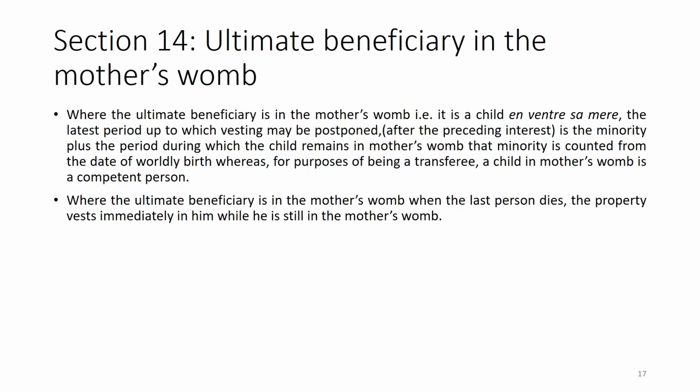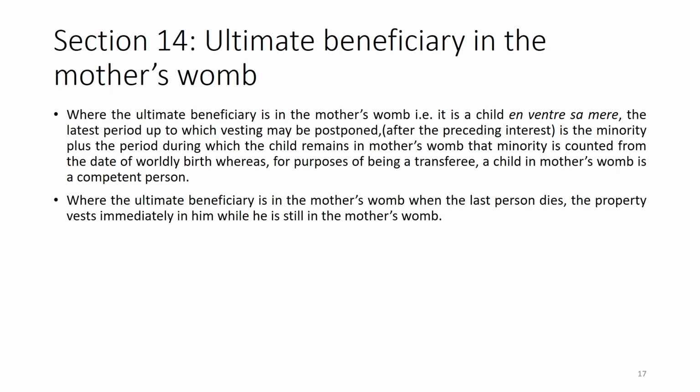In that case, all the rights related to the property will be vested in the unborn person in 2040. So, in that way it works. Ultimate beneficiary in the mother's womb: this is the criterion under Section 14.